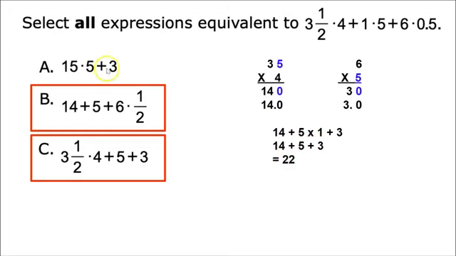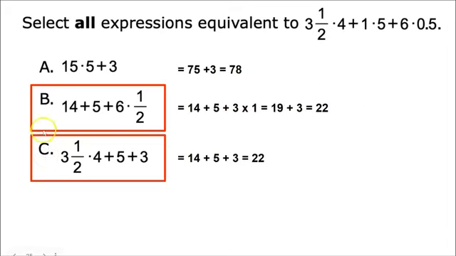So now we got to see which of these expressions is equal to 22, which should be B and C. And so when we have 15 times 5, that equals 75 plus 3, which is equal to 78. That is not 22. So now we know A is not the correct answer.